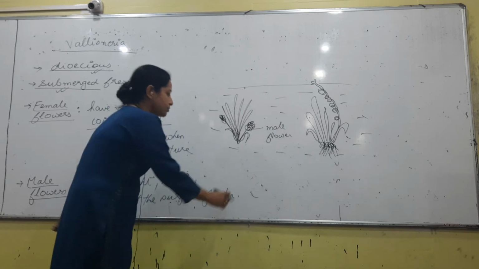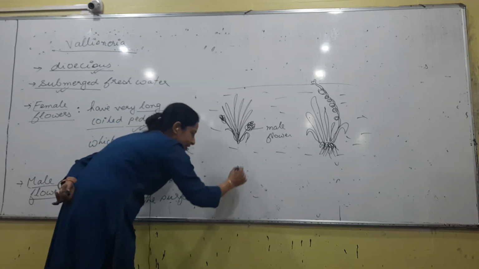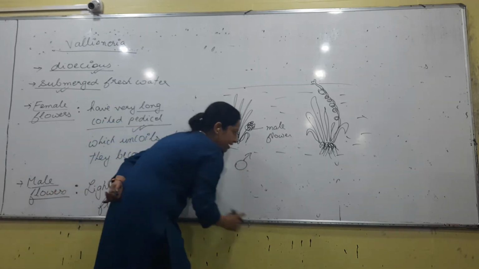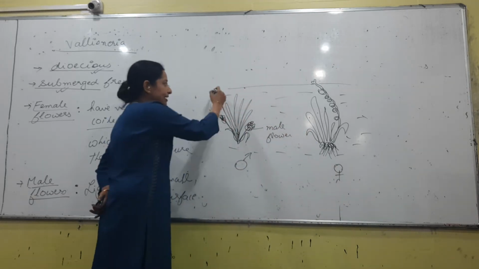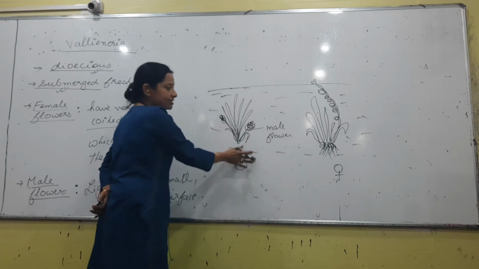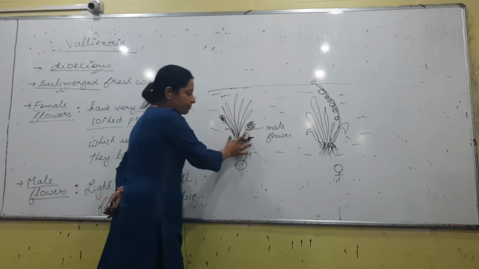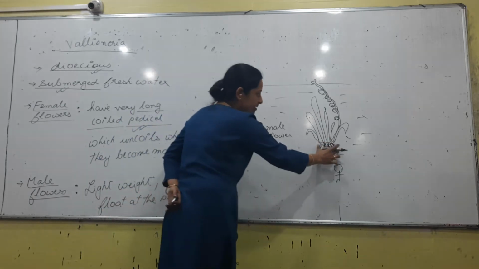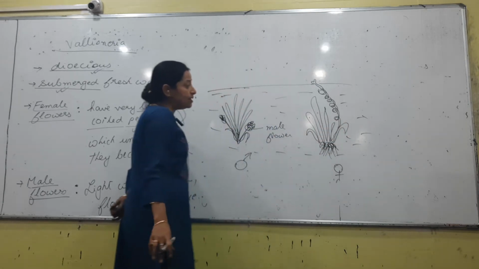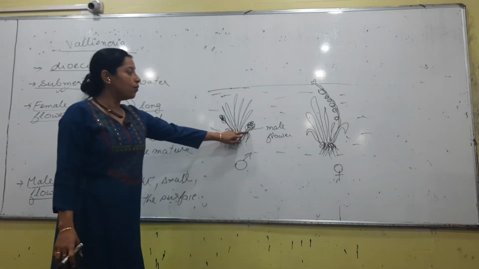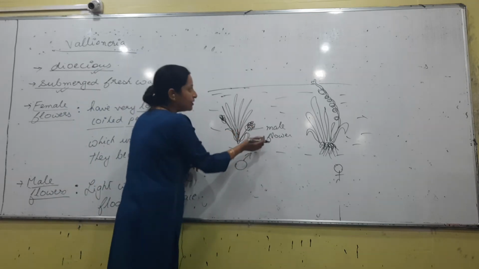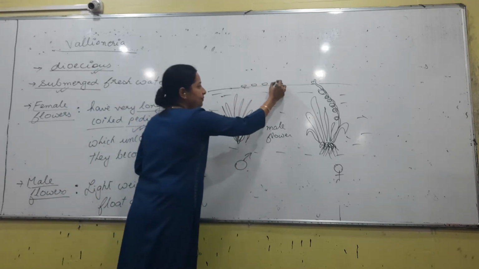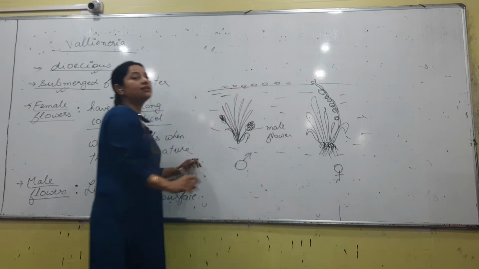Okay. So we have Vallisneria, which is dioecious. So we have a male plant and a female plant, submerged in the water. You have the male plant having the male flowers, and the female plant having the female flowers. Once the male flowers get matured, they will start floating on the surface of the water.